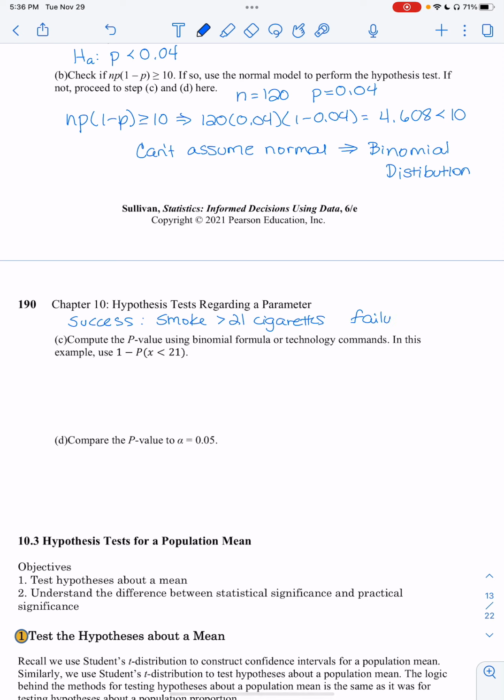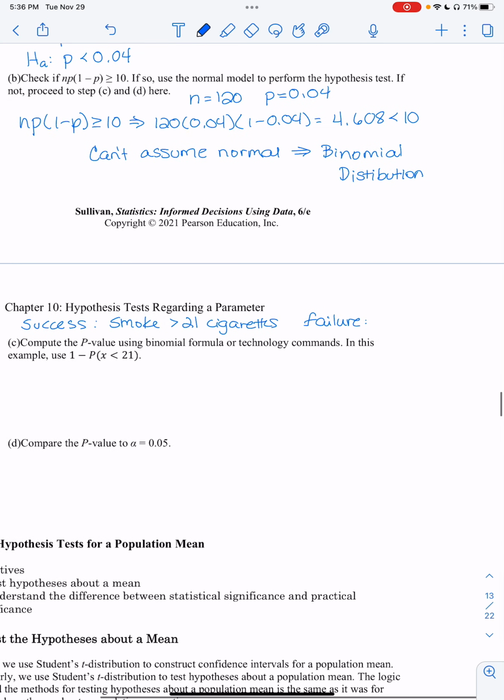Again, remember that that doesn't have to match up with what we consider positive or negative. Per day. That's a lot of cigarettes.